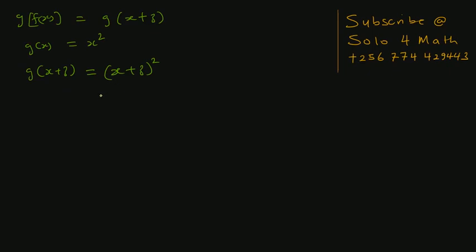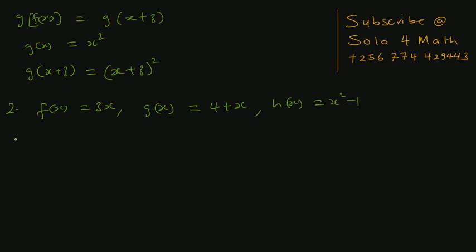Let us look at more examples. Example 2, given f(x) as 3x, then g(x) as 4 plus x, then h(x) equaling x squared minus 1.